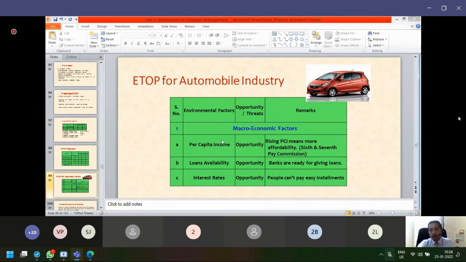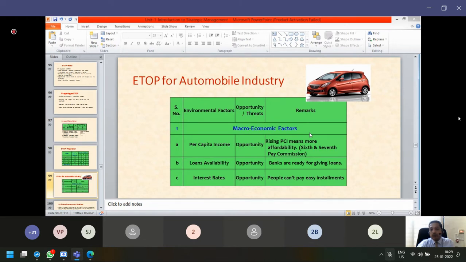If it has a favorable impact on the organization, we can call it an opportunity, and therefore we can write it in the form of a statement like this. For per capita income, we have written that it is an opportunity because it has a favorable impact, which we have calculated using the scores. If the score is +1 or +2, it can be called an opportunity. And the statement here is: rise in PCI, per capita income, means more affordability.